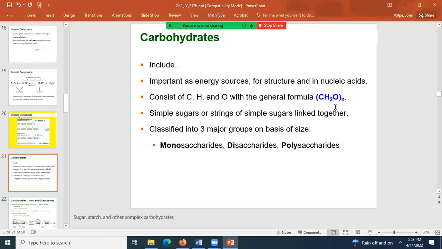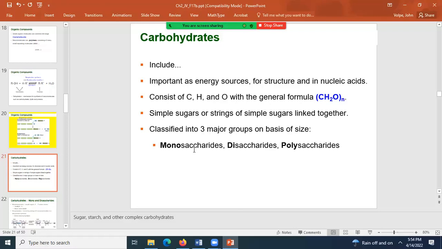So carbohydrates include simple sugars or strings of sugars linked together. A starch is a very long string of sugars hooked together. Lactose, a disaccharide, is 2 sugars hooked together. We can classify carbohydrates into 3 major groups based on the size of the molecule.